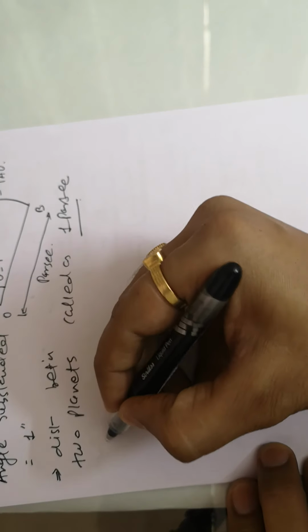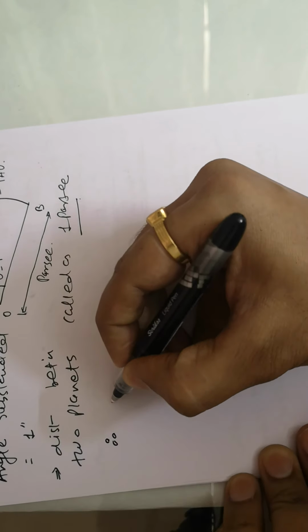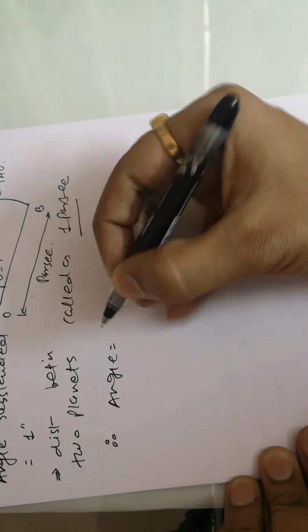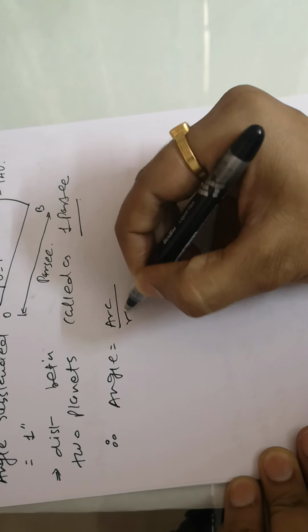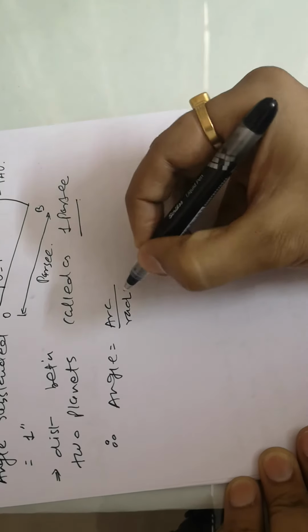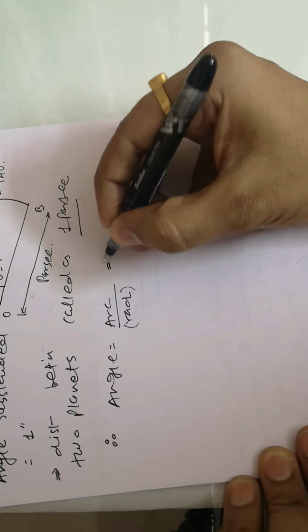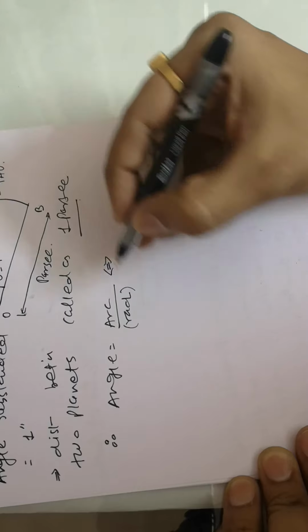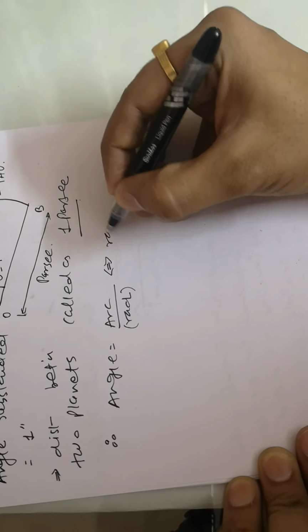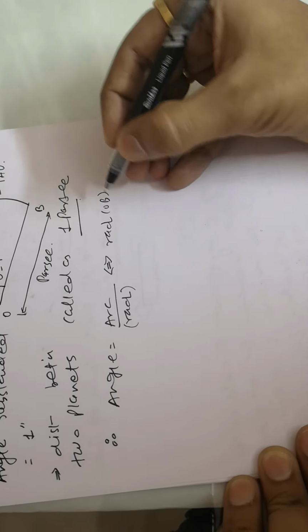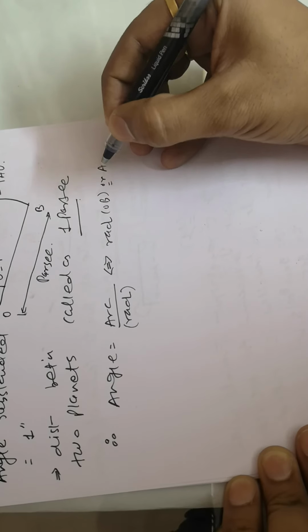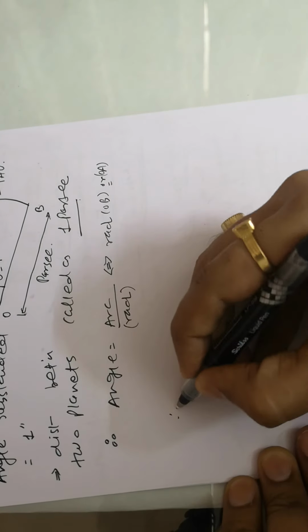Angle equals arc by radius. Instead of radius, we have taken OB. So I want to find my radius, which is OB or OA.